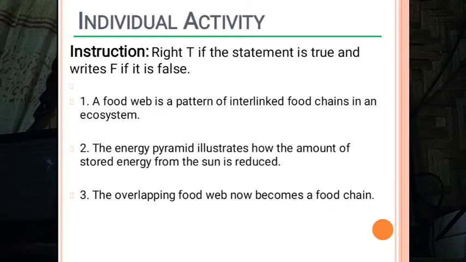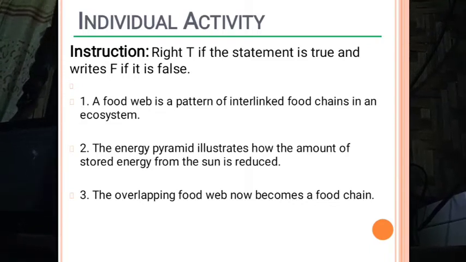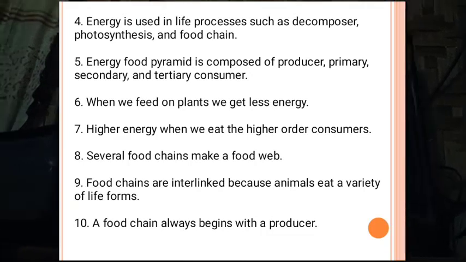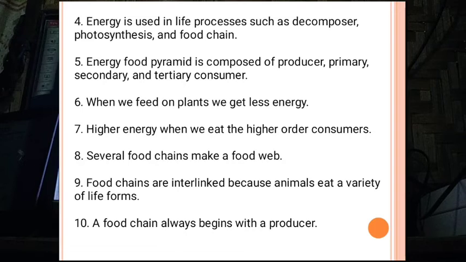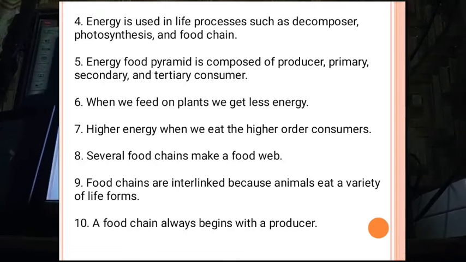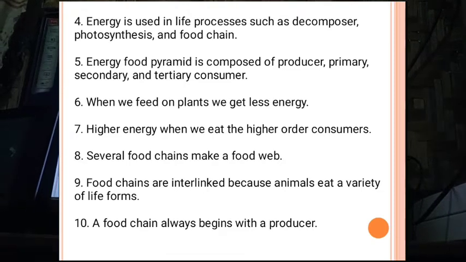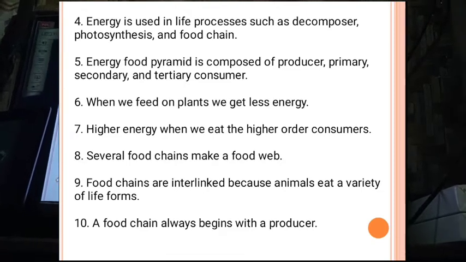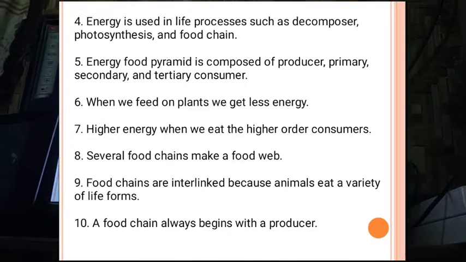I repeat, the overlapping food web now becomes a food chain. For number 4, energy is used in life processes such as decomposer, photosynthesis, and food chain. Again, energy is used in life processes such as decomposer, photosynthesis, and food chain.